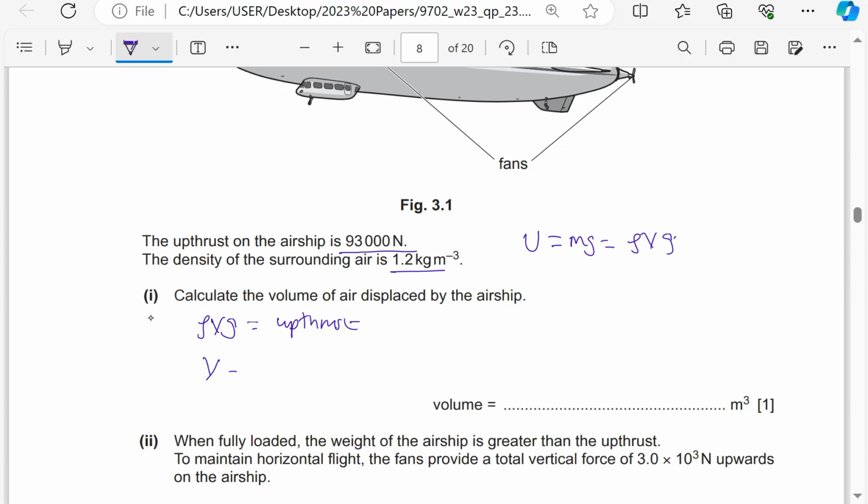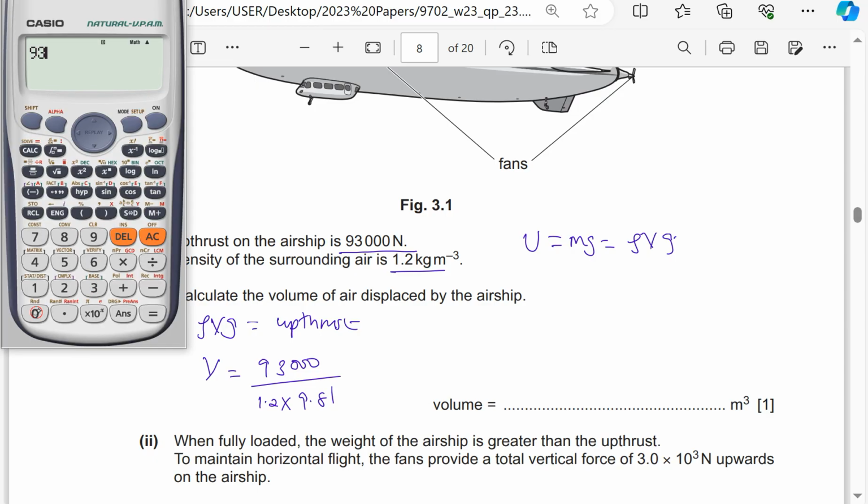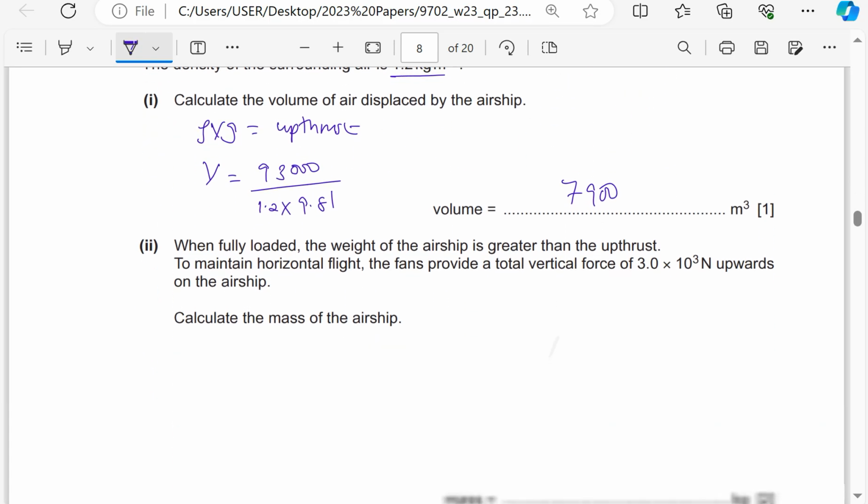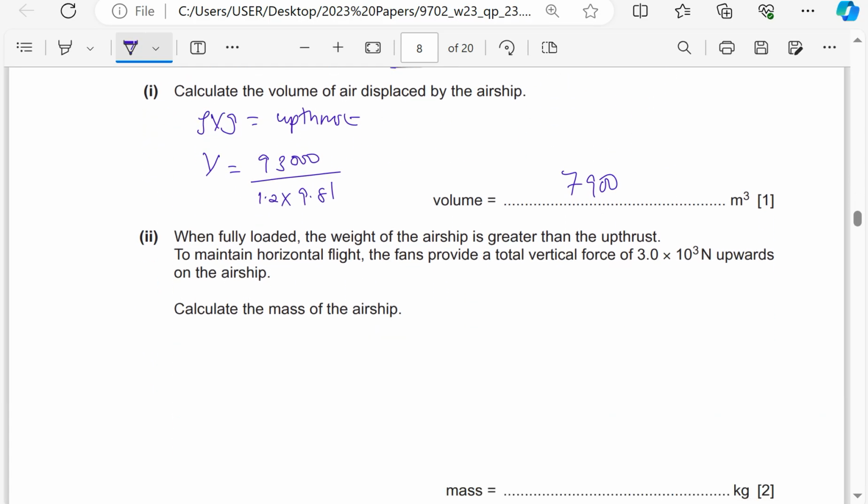So the volume is going to be the upthrust, which is 93000 divided by density, 1.2, times g, which is 9.81. So that is 7,900 meters cubed.